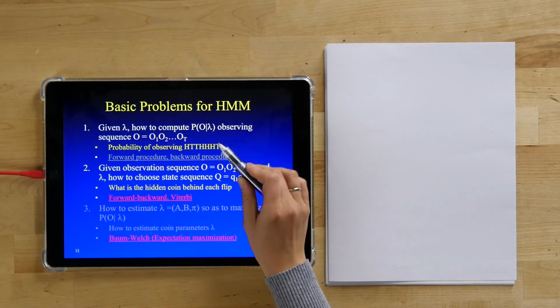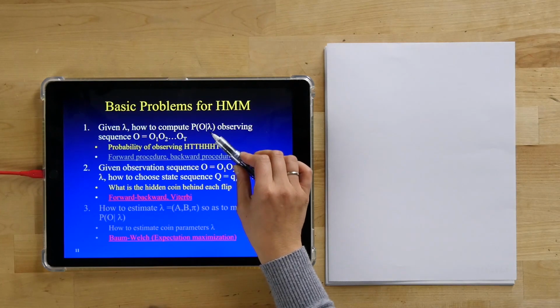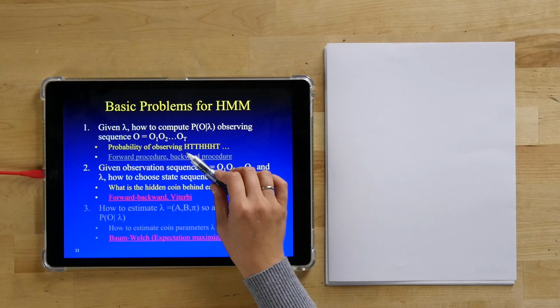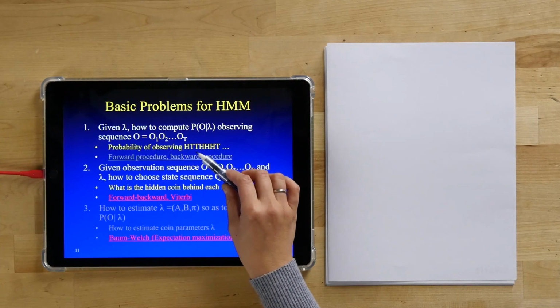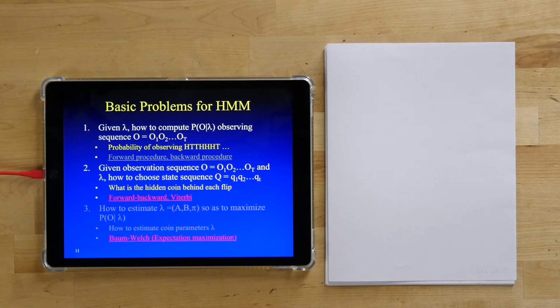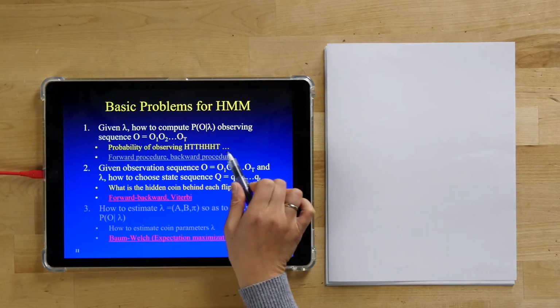Again, here we have the parameters for this hidden Markov model, and we're asking what is the probability of seeing a string of observations, right? Our goal is to sum over all the possible paths, and with each path calculate the probability of giving this particular observation.